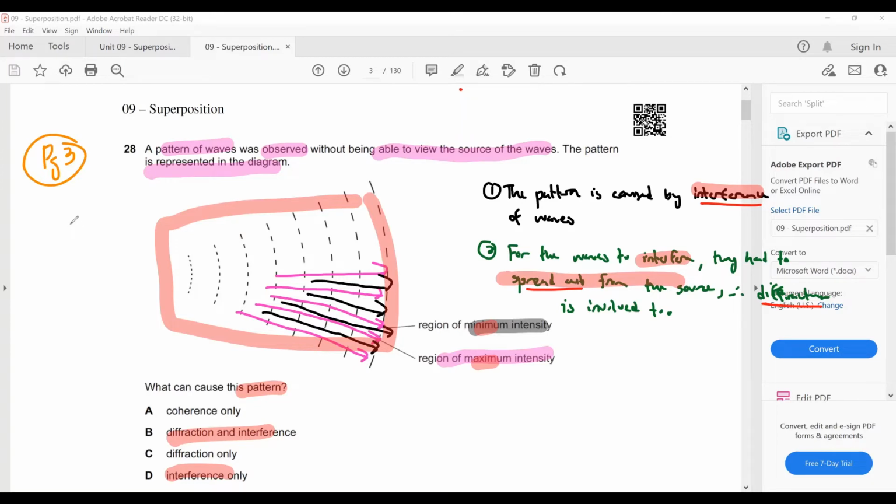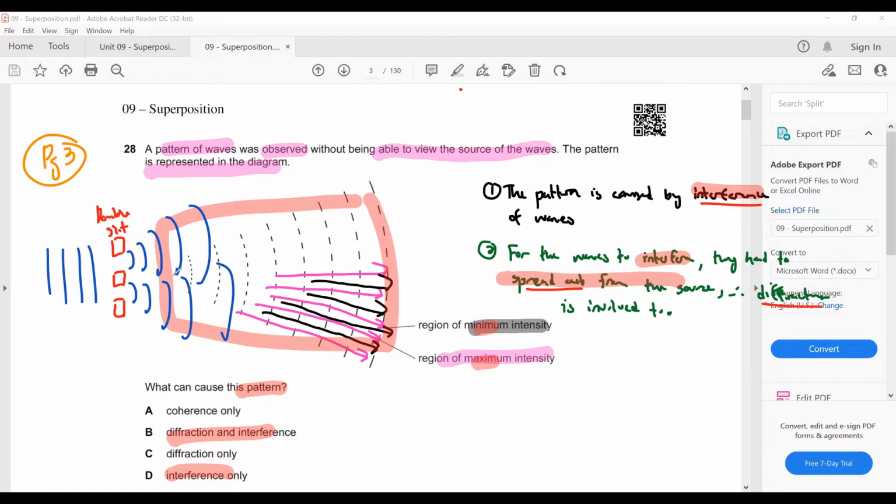Let's just say this is a light wave, and I have a double slit here. So I have a wave that comes to the double slit. Once the wave passes through, each slit acts as a wave source itself.